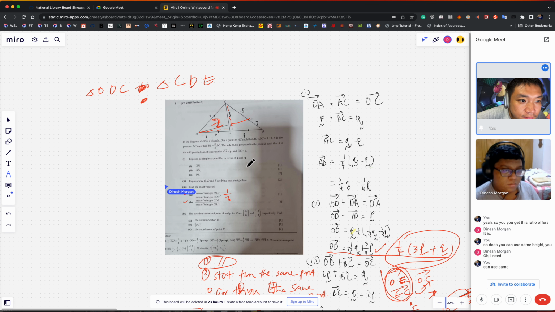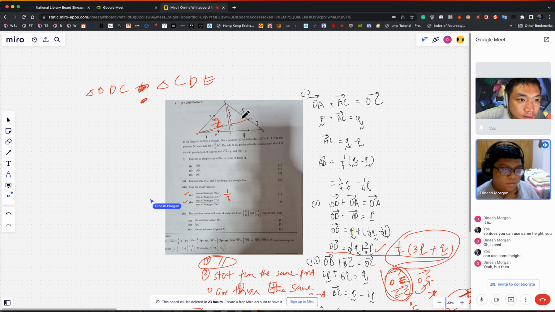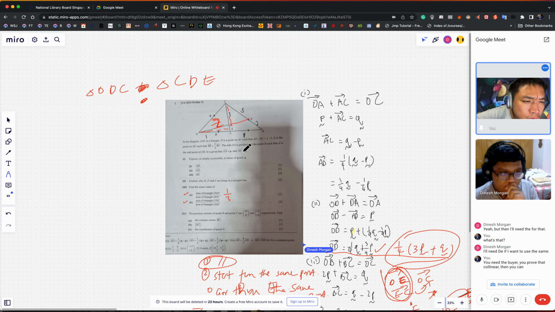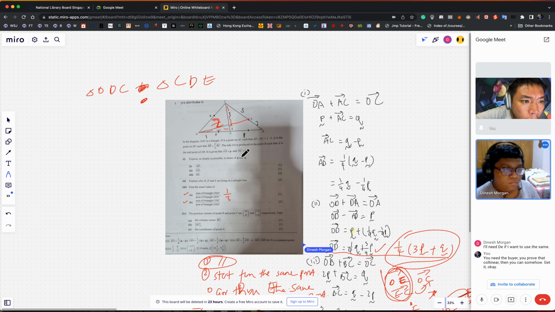Yeah, but then I'll need DE for that. Yeah, you need DE. But I thought you proved they are collinear, then you can somehow get it. Yeah, I think I can, using EB.